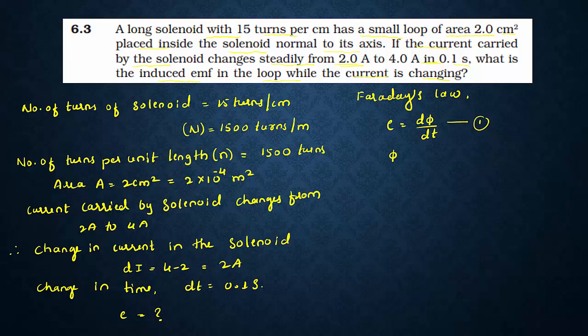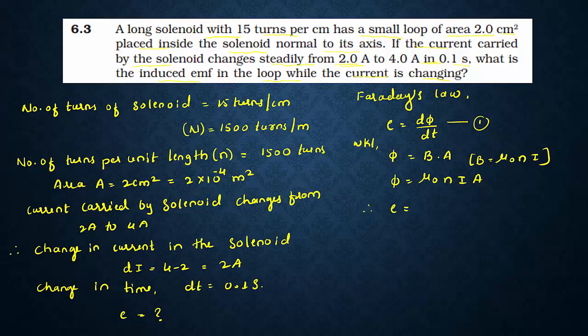So Φ equal to B dot A, magnetic field lines passing through the given surface. And also we know the value of B, magnetic field, B equal to mu naught n I. So in place of B we can write mu naught n I A. This is the value of Φ.